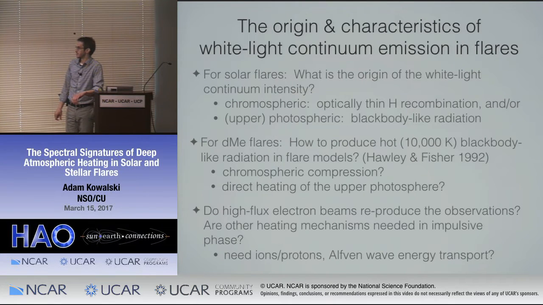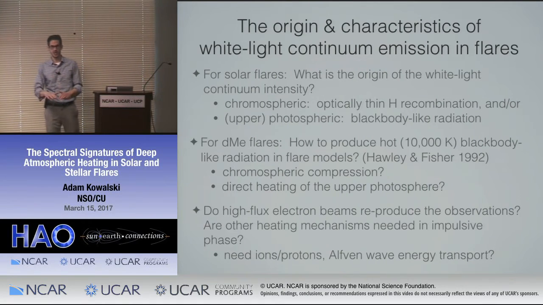Could it be a chromospheric compression? So electron beams hitting the upper chromosphere and compressing that region by a factor of 10 while still keeping it hot at 10,000 degrees. Or do you have direct heating of the upper photosphere and heating it from 3,000 degrees for an M-dwarf to 10,000 degrees? So those are two extreme possibilities.